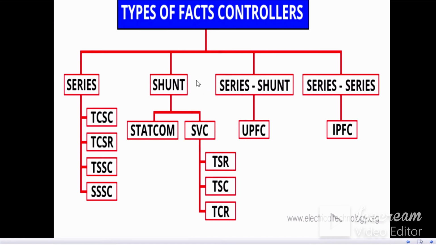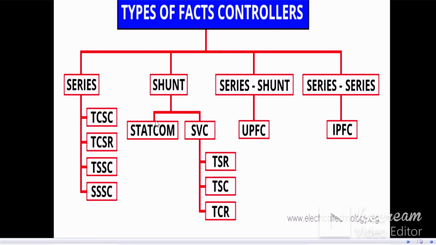So here are the types of FACTS controllers. The basic classification based on the configuration is series compensation, shunt compensation, and series-shunt compensation. In series compensation, there are various types of FACTS devices configured. One is TCSC, thyristor controlled series capacitor, thyristor controlled series reactor, TSSC and SSSC.